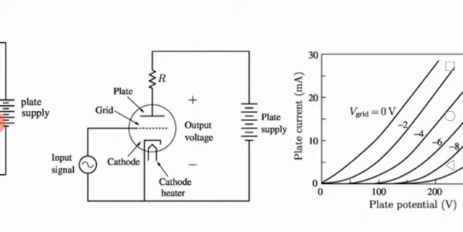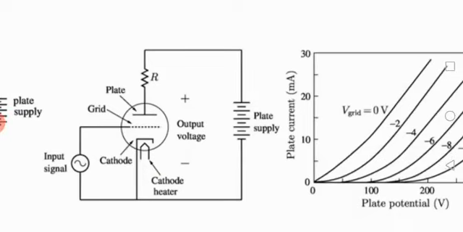Then the heated filament emits the electrons, and those electrons are attracted by the plate, and now we can control the amount of electrons which are reaching the plate by changing the grid potential.